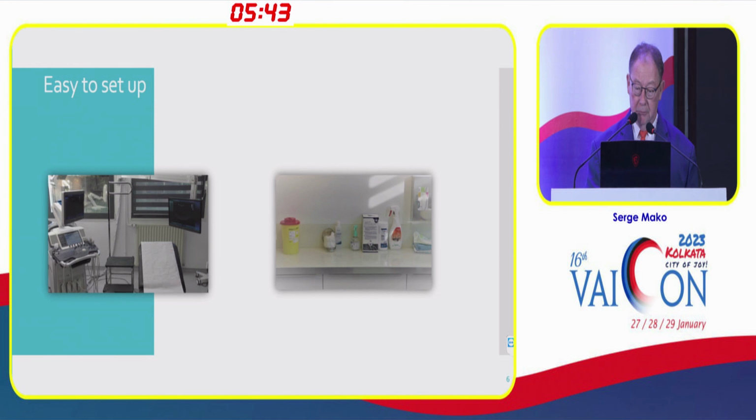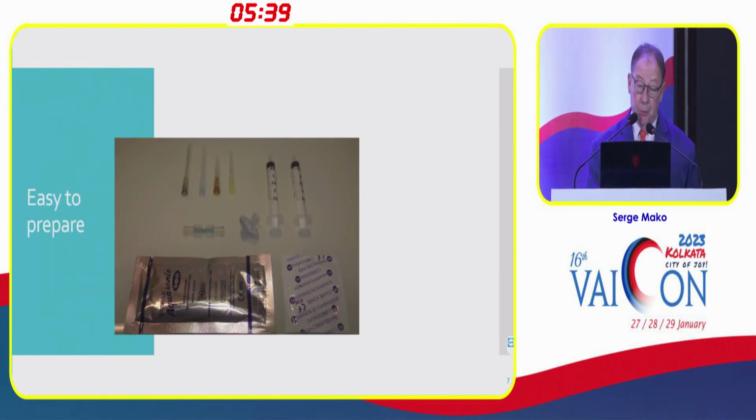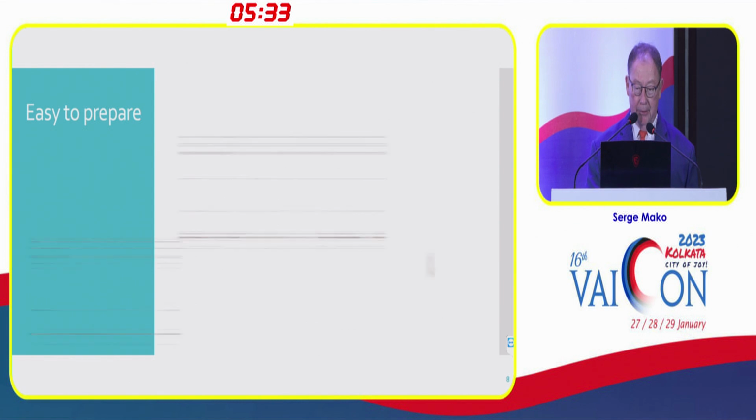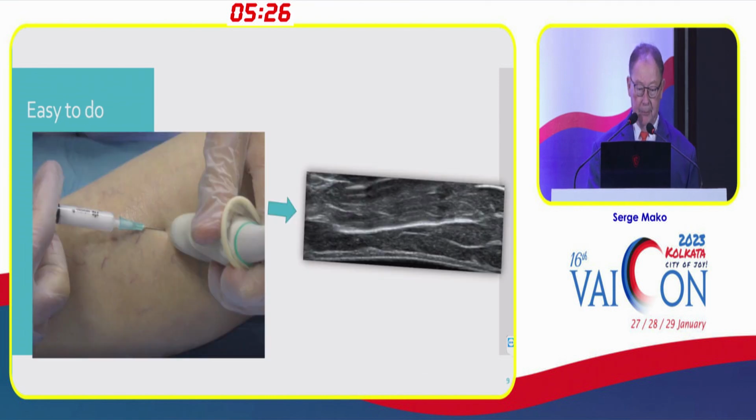You can see it is easy to prepare: all the system to make foam, the size of the needle, and now the production of foam is more simple. Here you can see the injection with a catheter, easy to do, but not so simple to do.